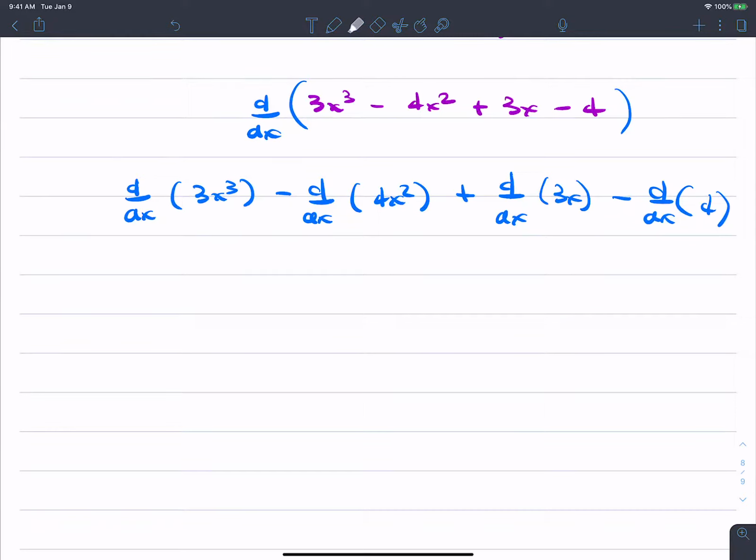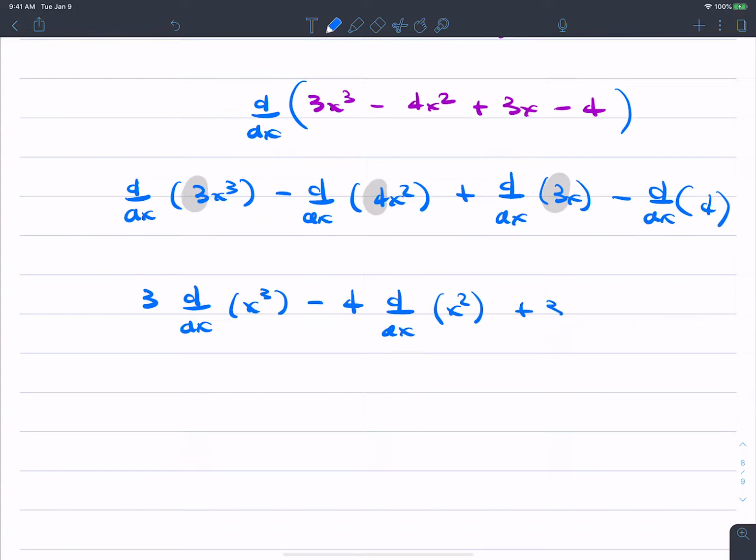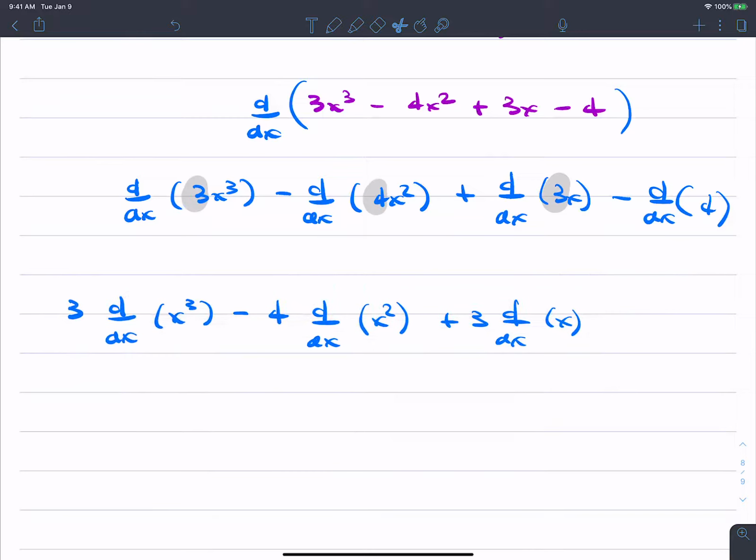Now bring out your constants. 3, 4, 3. 3 d dx of x to the third minus 4 d dx of x squared plus 3 d dx of x. Let's move everything over. Minus d dx of 4.